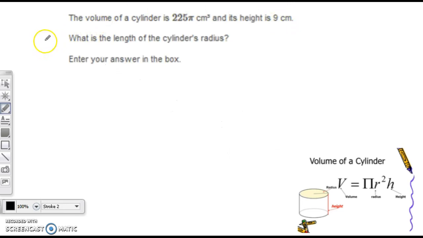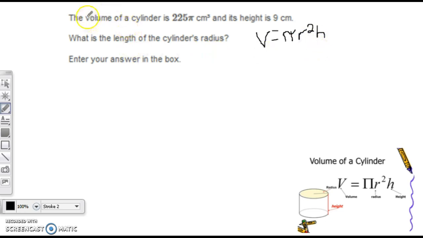Alright, so this one says the volume of a cylinder is 225 pi centimeters cubed, and its height is 9 centimeters. What is the length of the cylinder's radius? Alright, so again, we're dealing with volume of a cylinder. So we have our formula, volume equals pi times r squared times h.